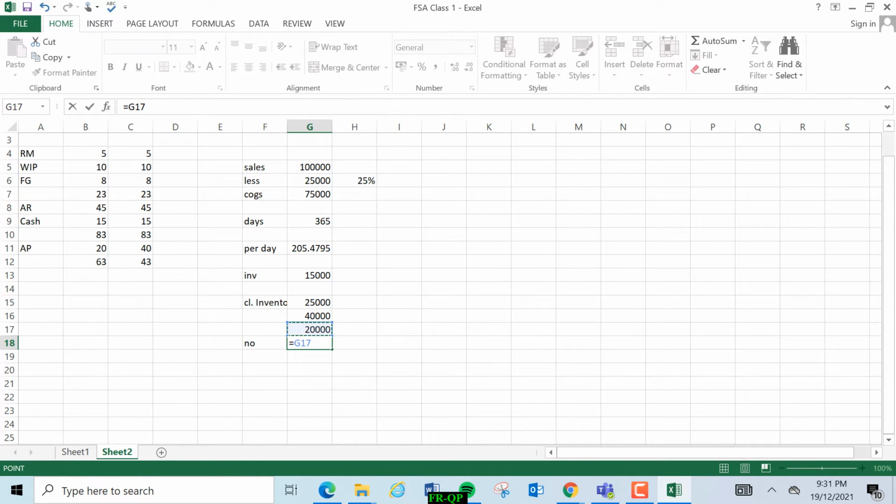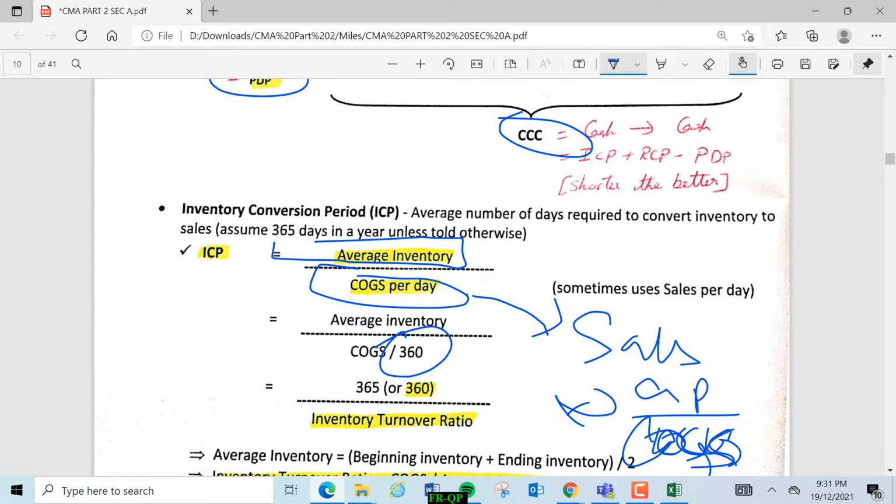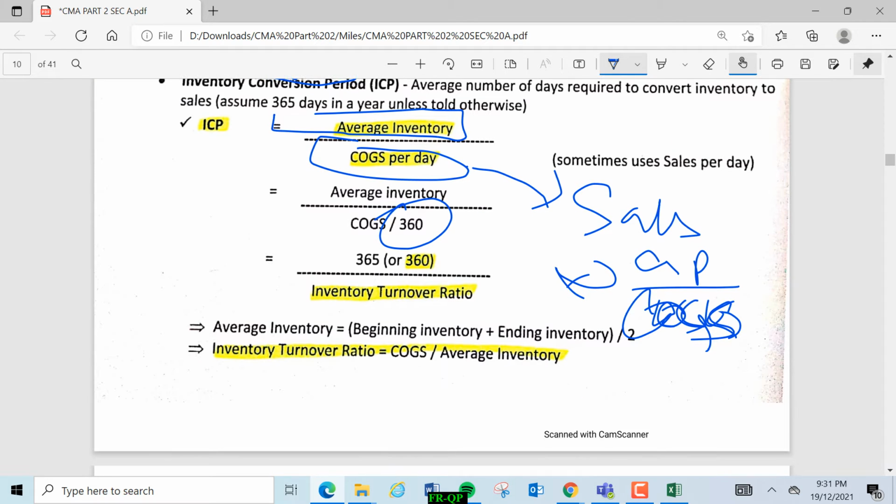So the number of conversion days you can find out, it means whatever inventory you are keeping can cater to your 97 days. Okay, so this is just to know what the inventory conversion period is. This way you can calculate your inventory conversion period.